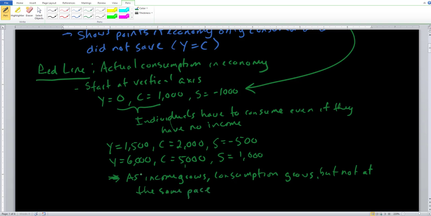There is not a one-to-one relationship on the red line with our actual consumption, with the model line. So not at the same pace, not as fast. However, when we take a look at savings, we notice that the pace is actually much faster.